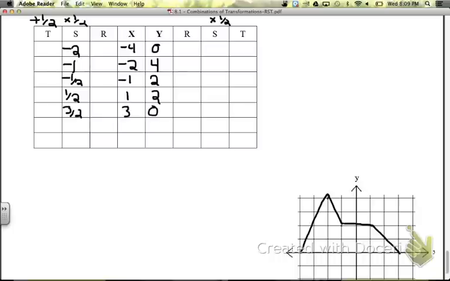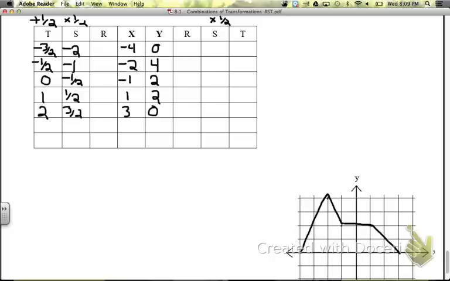So -2 plus a half is going to be -3/2. -1 plus a half is going to be -1/2. -1/2 plus a half is going to be 0. A half plus a half is going to be 1. And 3/2 plus a half is going to be 2.